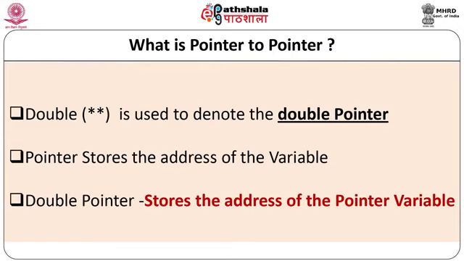Let us see the difference. Single pointer means *P and double pointer means **P. The double pointer stores the address of a pointer variable. Single pointer stores the address of a variable.